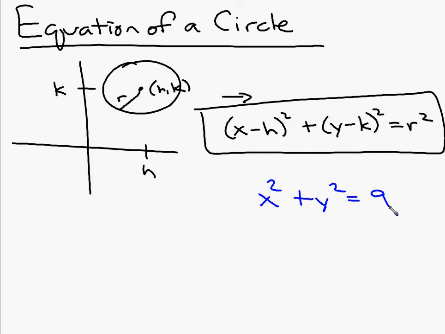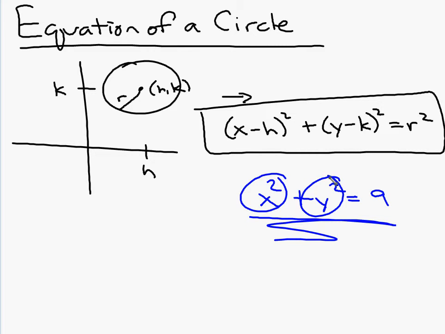All right? In this case, the center of the circle would be (0, 0). Anytime you see an x squared plus a y squared, you need to be thinking, I think that might be an equation of a circle.